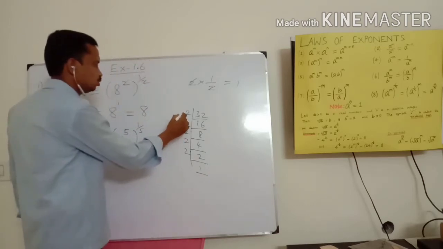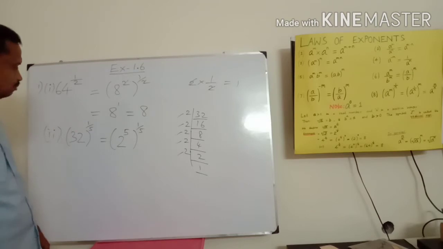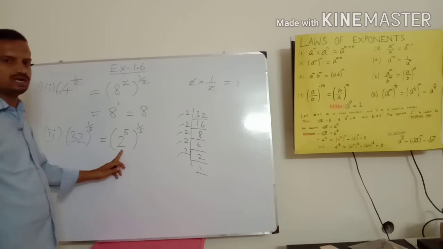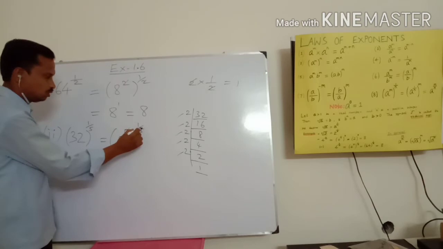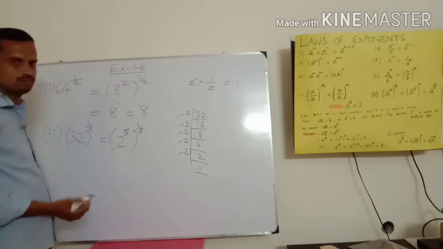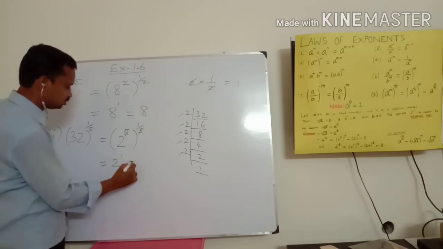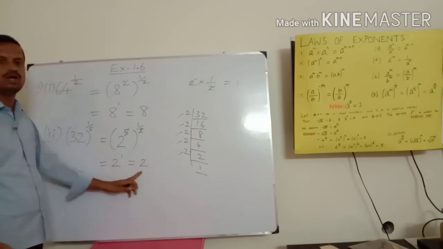So how many 2s? 1, 2, 3, 4, 5. So 2 power 5 is nothing but 32. This is the number 32, but in exponent form we can write 32 as 2 power 5. So now we can cancel 5 and 5 because 5 into 1 by 5, power into power. We get only 2 power 1, which is nothing but 2. So the answer of 32 power 1 by 5 is nothing but 2.